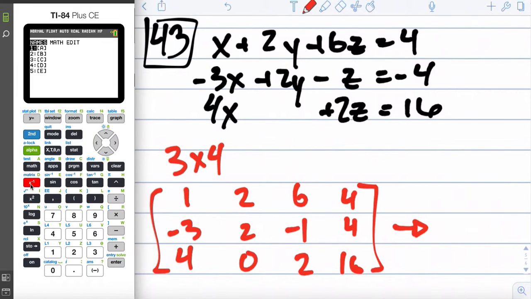Second, matrix. I'm going to edit matrix A. Edit A. It is a 3, 4, and I get 1, 2, 6, 4, -3, 2, -1, 4, 4, 0, 2, 16.